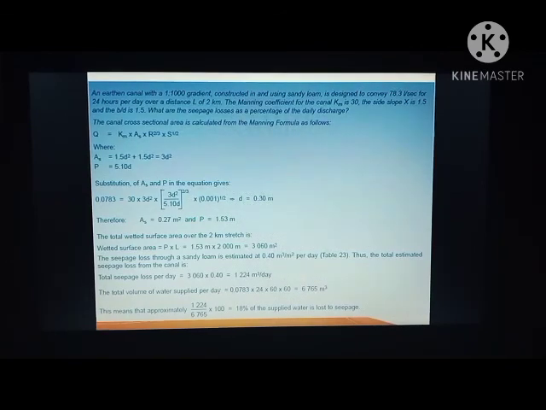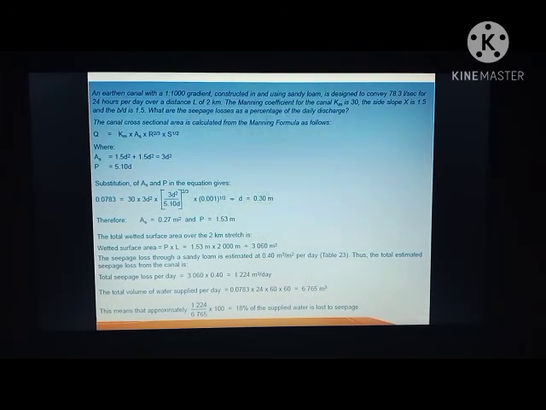The total wetted surface area over the 2 kilometer stretch: wetted surface area is equal to perimeter multiplied by the length, which is 1.53 meters multiplied by 2,000 meters, equal to 3,060 meters squared. The seepage loss through a sandy loam is estimated at 0.40 cubic meter per square meter per day.